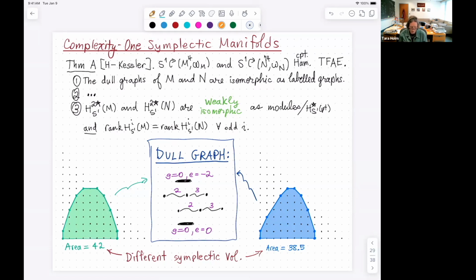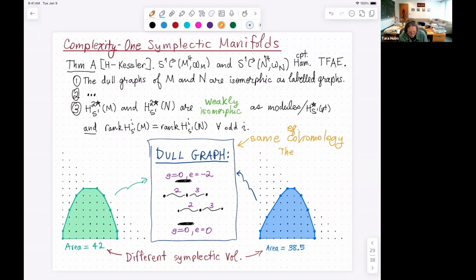That's less surprising. The fact that they have the same dull graph means that they do have the same equivariant cohomology by this theorem with Kessler. And one thing that is true, they have different Chern classes.